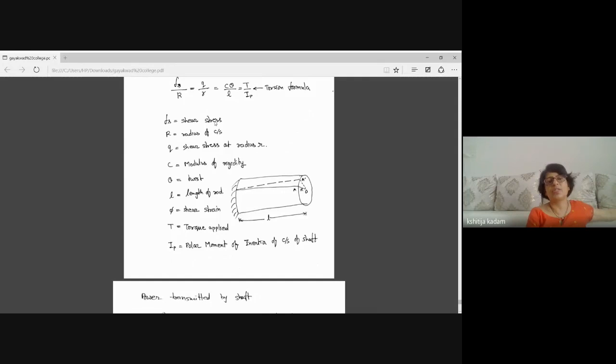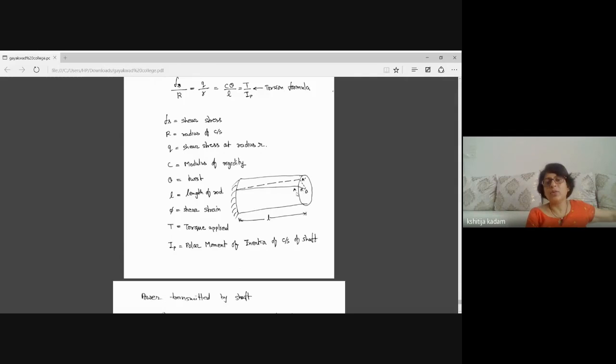Fs is shear stress at the radius R. Here in the sketch you can see radius is R. Q, small letter q, is shear stress at radius small r.